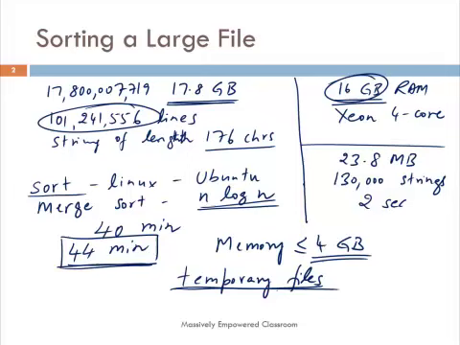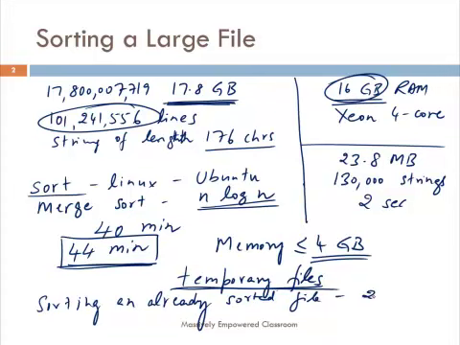Now we thought, what would happen if we sort an already sorted file? We took the result of this, which was another 17.8 GB file, now already sorted in ascending alphabetical order, and we sorted it again. Sorting an already sorted file finished in 25 minutes.